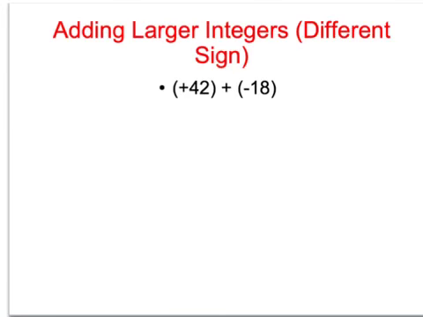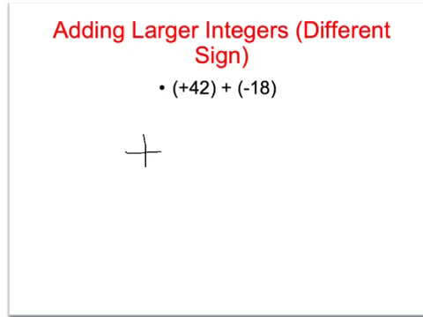Adding larger integers of different signs, this is where our absolute values come into play. So we've got positive 42 and negative 18. The way I learned it was like this. We've got a positive army and a negative army. First of all, which army has more people in it? Obviously the positive army. So since the positive army has more people in it, we're going to keep the positive army sign, which is a positive.